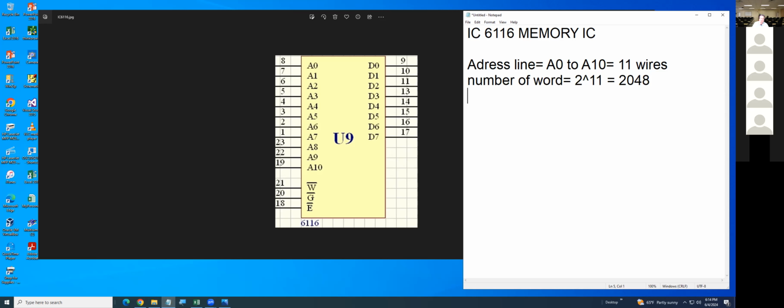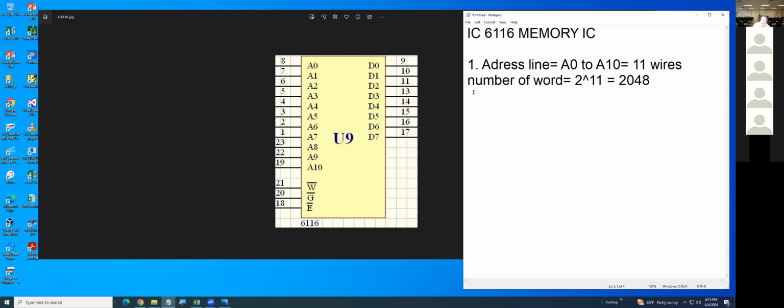That means they get a total of 2048 words. However, in the lab, we are using only 8. We don't want too many words, that just takes longer, but the way will be the same. So that will be number 1.